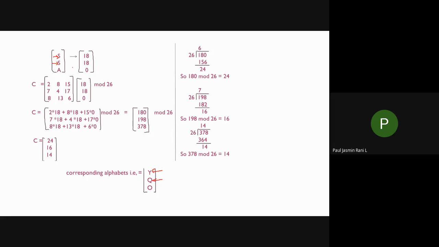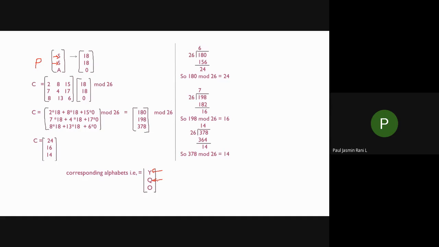But in the case of a monoalphabetic cipher, if S should be replaced by A, then for all the S alphabets you are going to replace with only A. But in the polyalphabetic cipher, see here, for this S you are getting Y, and for this S you are getting Q. Therefore we call this a polyalphabetic cipher. So for the plain text SSA, you are getting your answer as YQO.